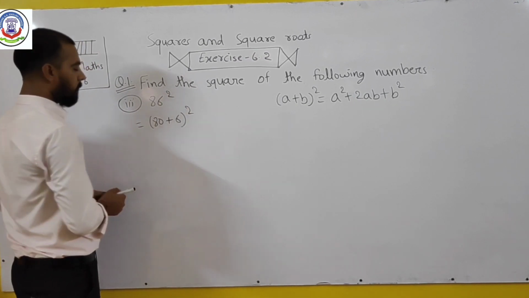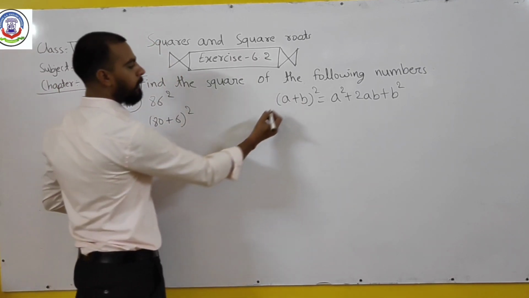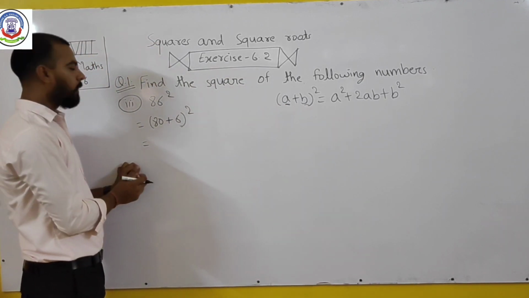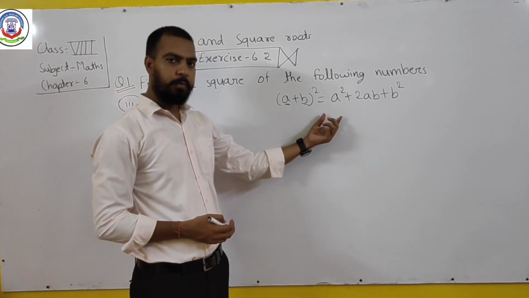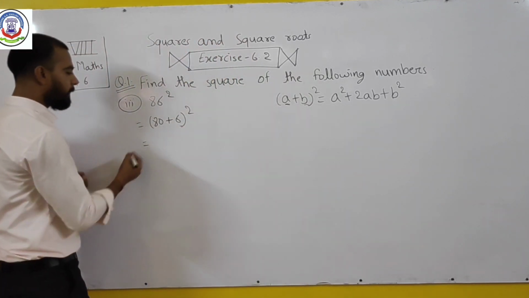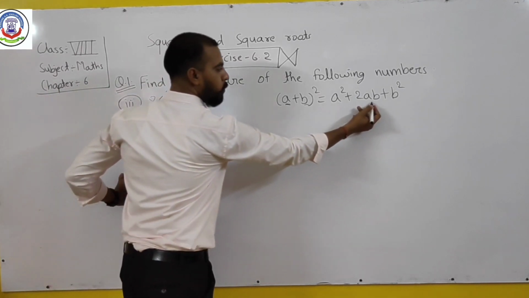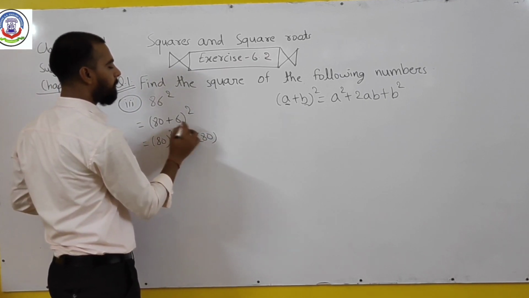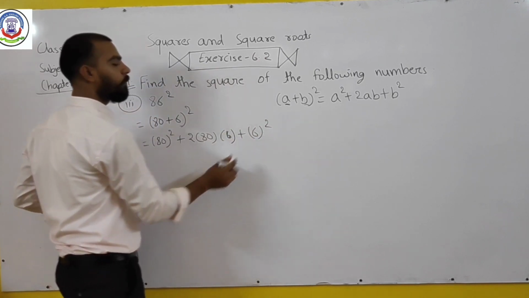So now by comparing with this formula we came to know that our A is 80 and B is 6. That means we have to write 80 in place of A and 6 in place of B. So write it: 80 square plus 2AB, that means 2, our A is 80 and B is 6, then 6 square.